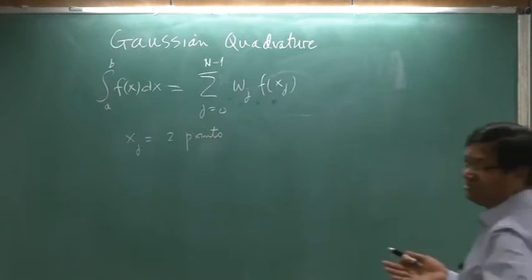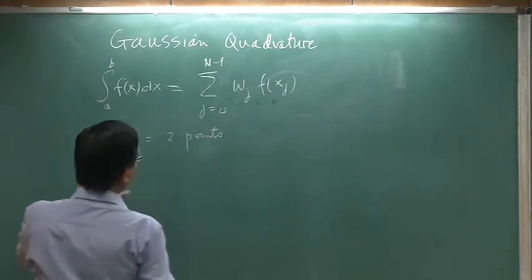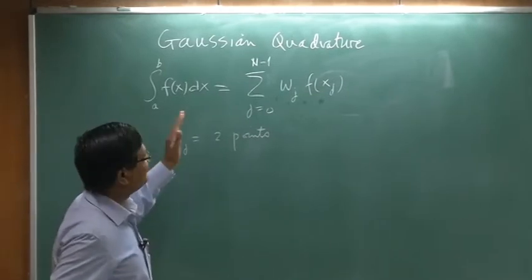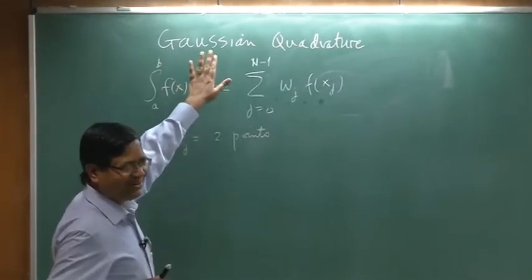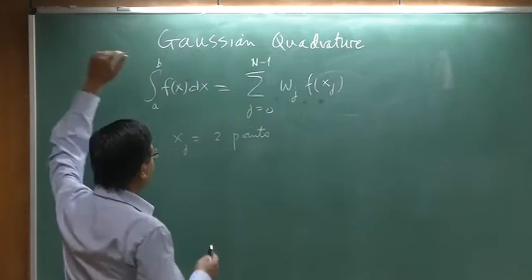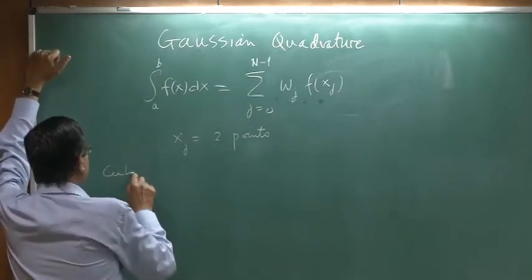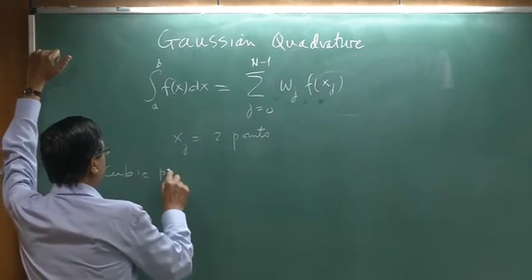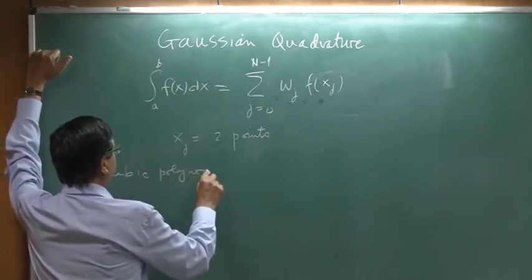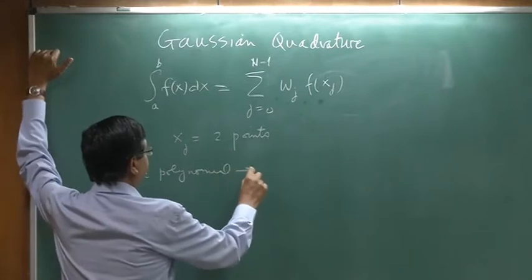The proof is not difficult, this proof is easy, but we are yet to go there. We have not yet started the main proof. So I am imposing the condition that a cubic polynomial should give the exact integral.